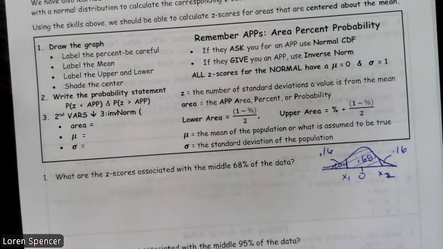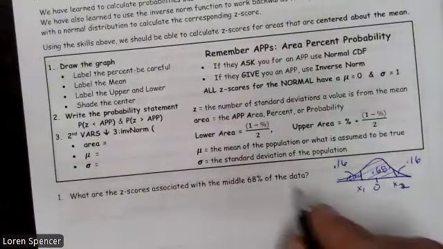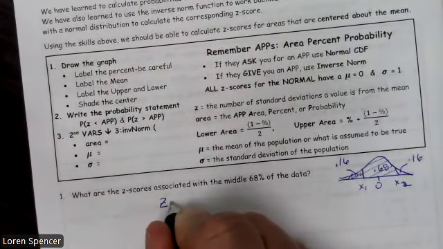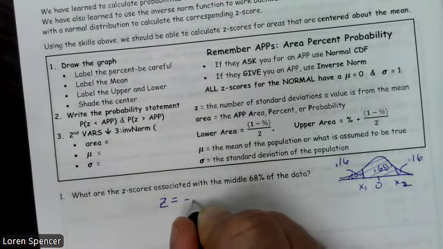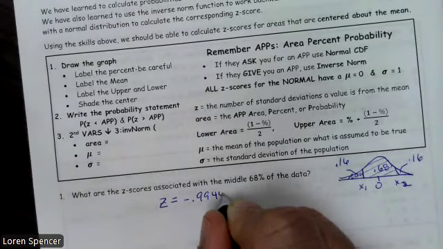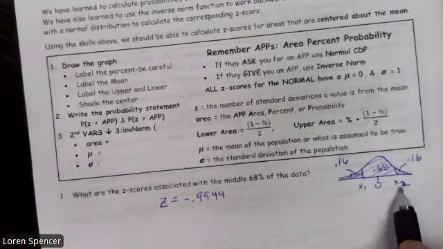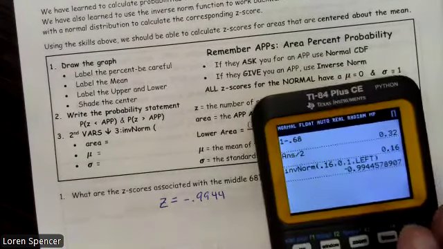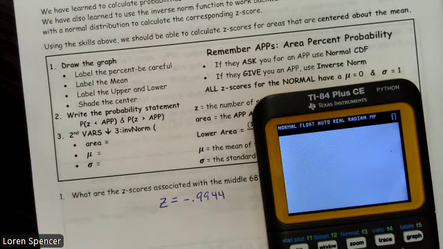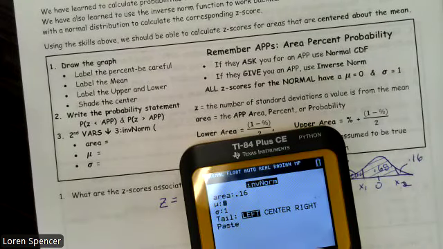And I get a z-score of not quite 1. That's right, that's why that looks funny. So z equals negative 0.9944. That's my lower z-score right here. If I do the upper z-score, second vars, inverse norm, and I want the upper part, I'm going to be coming from the right.